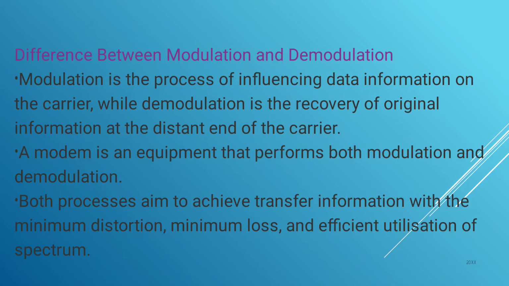So we know about modulation and also demodulation. Modulation is where we combine the carrier signal and the message signal, but in demodulation we separate the carrier signal from the modulated signal. What is the major difference between modulation and demodulation? Modulation is a process of influencing data information on the carrier, while demodulation is the recovery of original information at the distant end of the carrier.